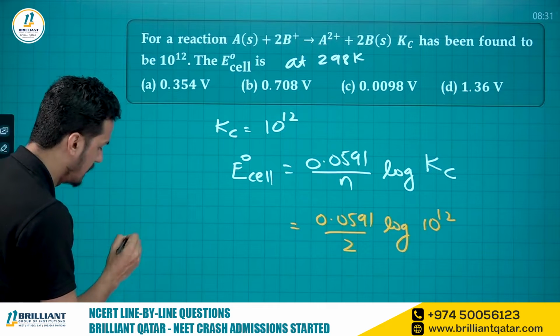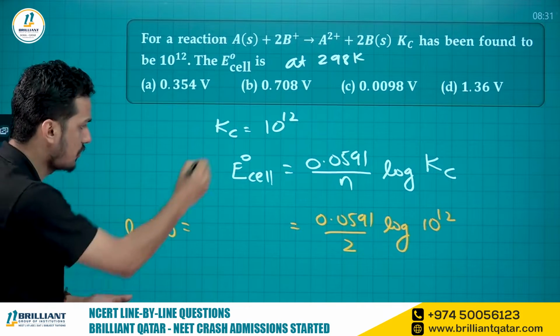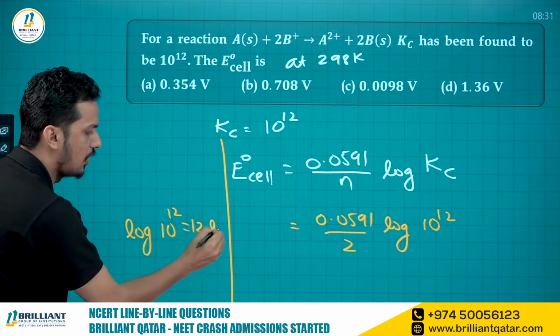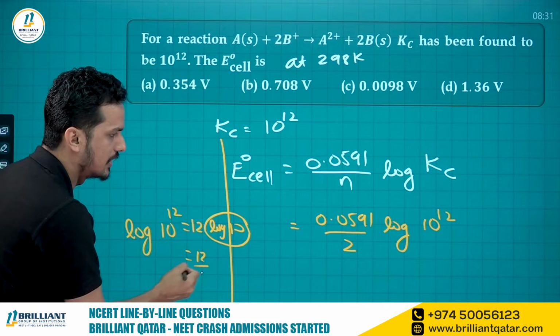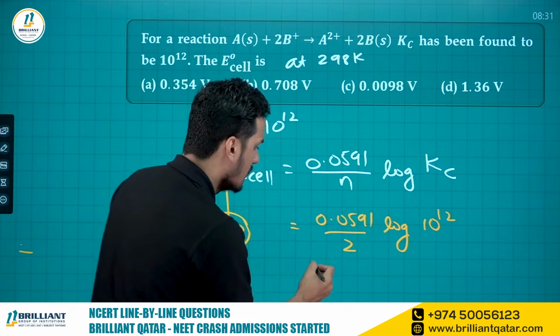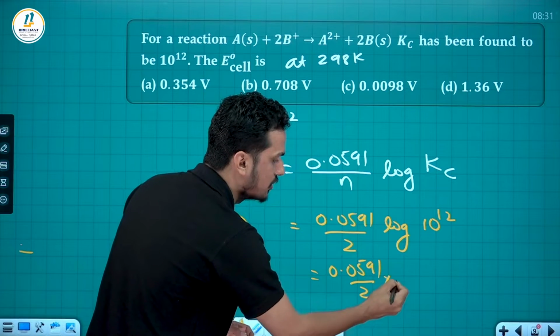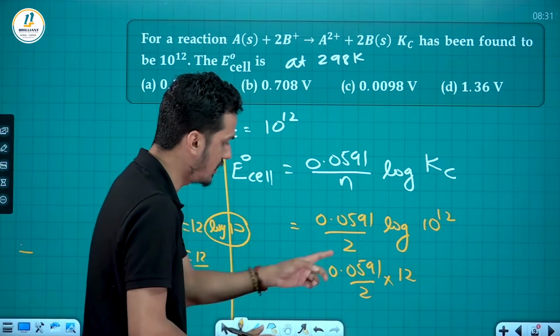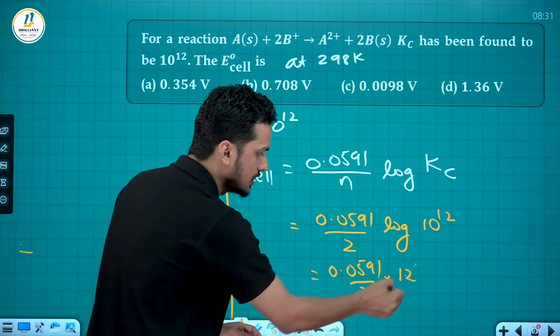Log 10 raised to 12 is 12 into log 10. What is log 10? Log 10 is 1. So instead of log 10 raised to 12, I can write 12. So 0.0591 by 2 into 12 will come. I can cancel 2 and 12.